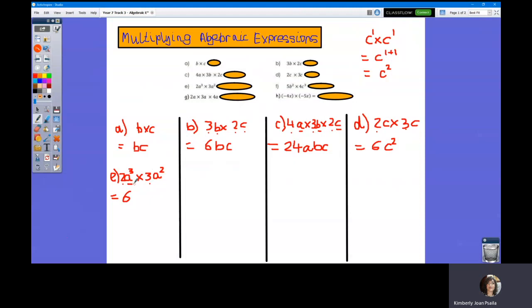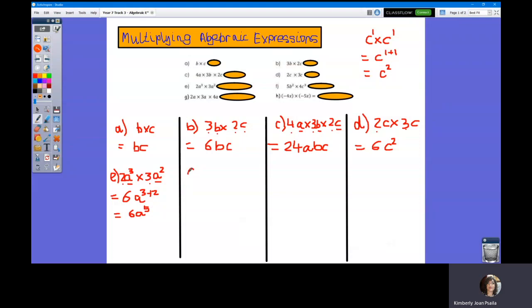Now I have noticed that I have the same variables here, a cubed and a squared belonging to the family of a. So here also I should add the indices. So I have a power 3 plus 2. Final answer should be 6a power 5.